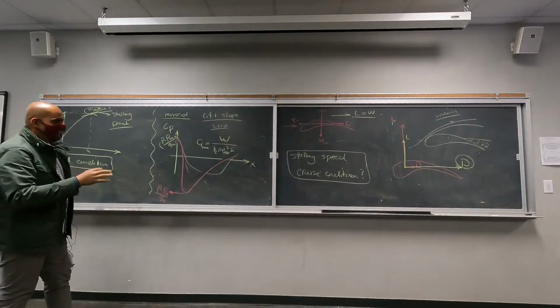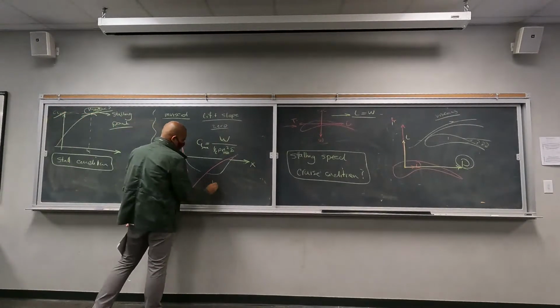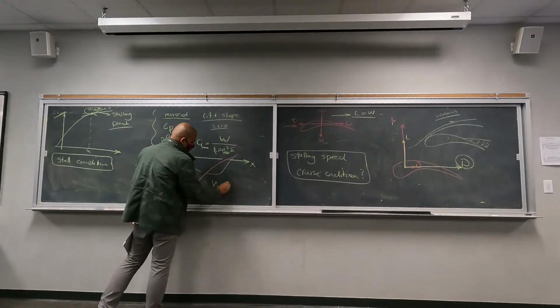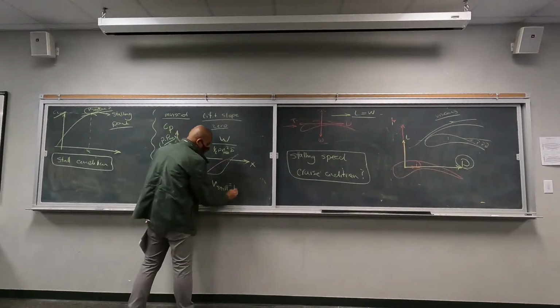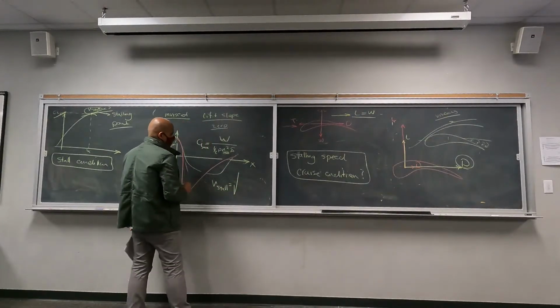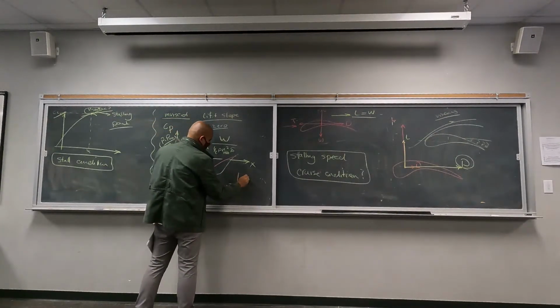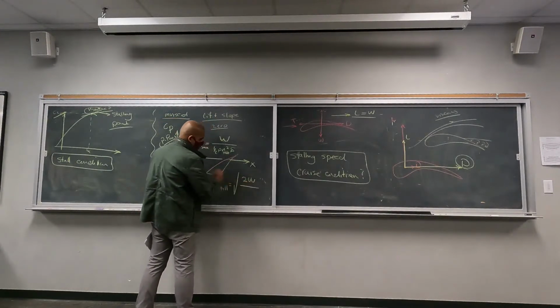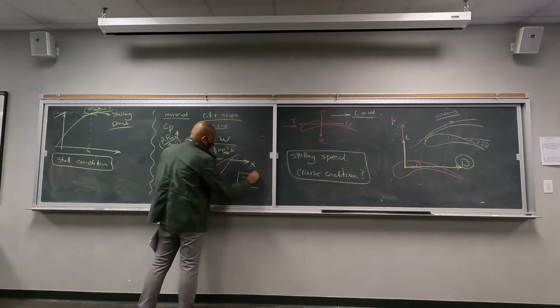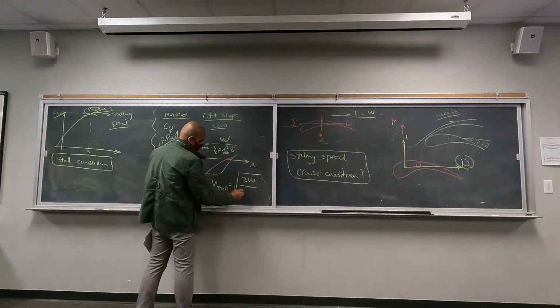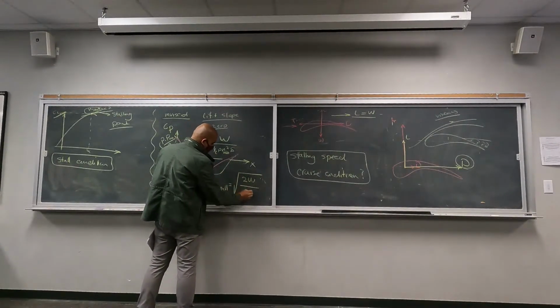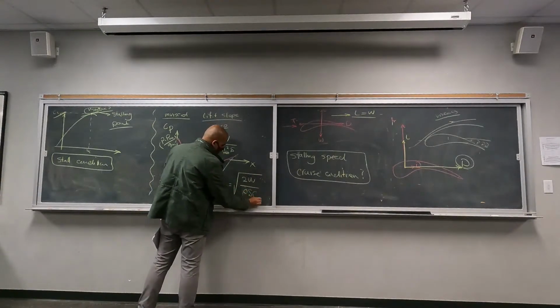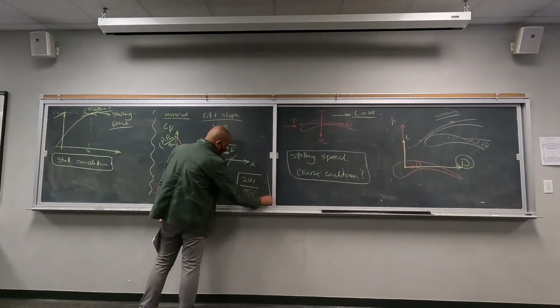So if you rearrange this equation, your stall velocity during the cruise condition is going to be equal to the square root of 2 multiplied by weight force divided by rho, S, the planform area, and maximum CL.